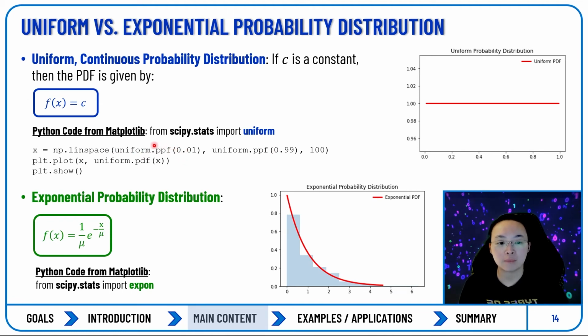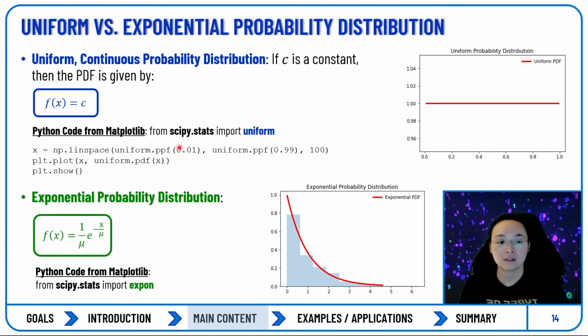I want to say PPF over here represents the percent point function. It's very useful if you want to plot something from the beginning of the probability distribution to the end of the probability distribution. It's essentially like a percentile, and the PPF is defined as the inverse of the CDF.